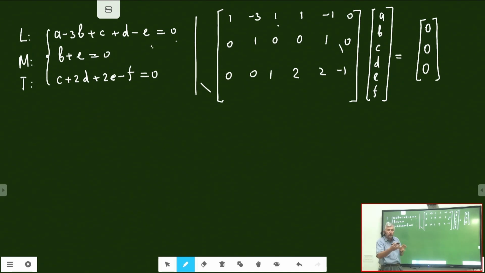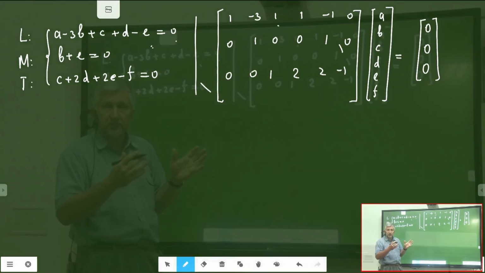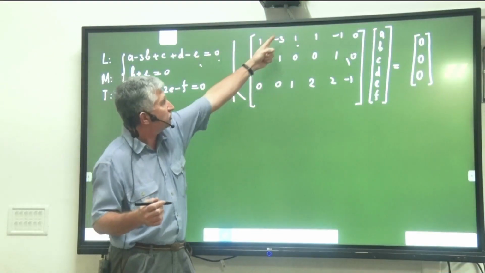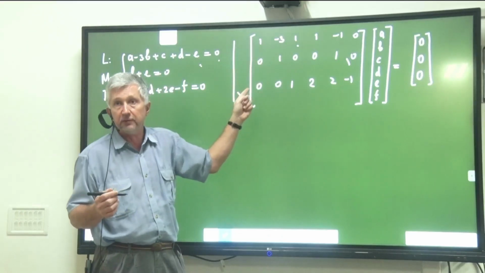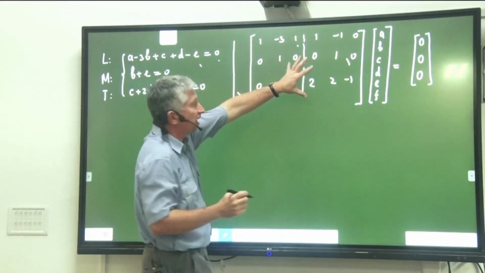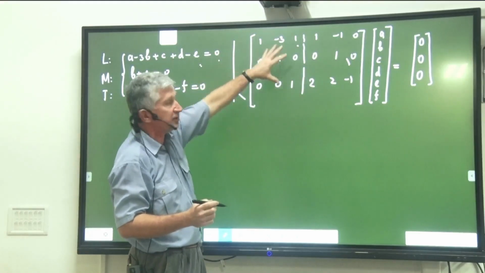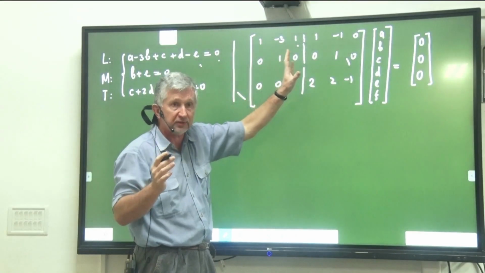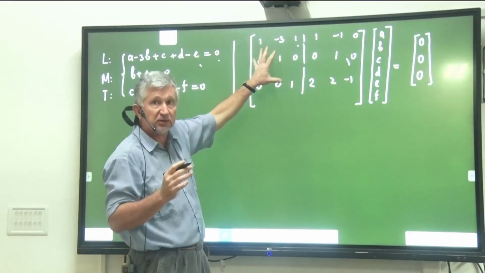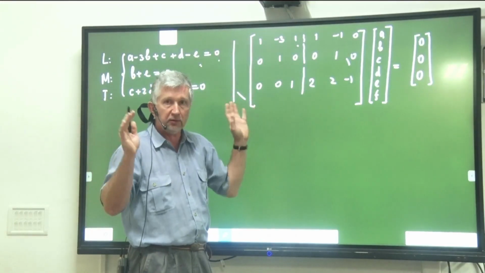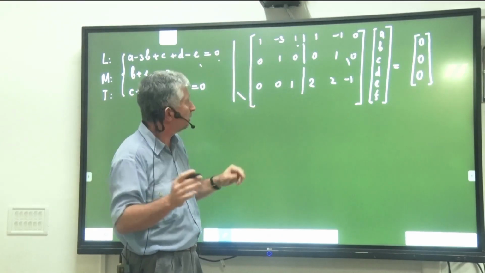How you choose this 3 by 3 matrix does not really matter. But obviously the easiest way is just to take the first half of it, right? So if we cut this matrix into two parts, one is square and the second one happens to be square as well, but that's just coincidence. The first one must be square, the rest doesn't matter. Whatever is there, we will deal with that, okay?